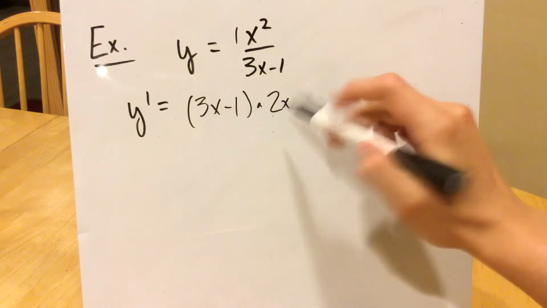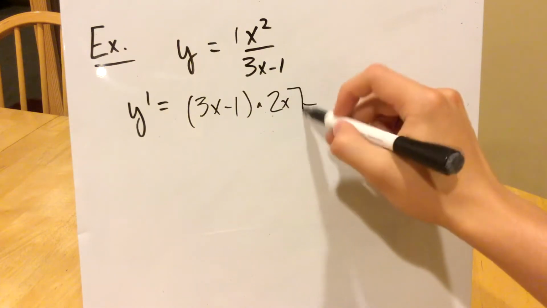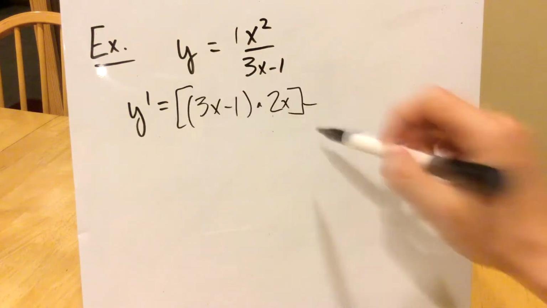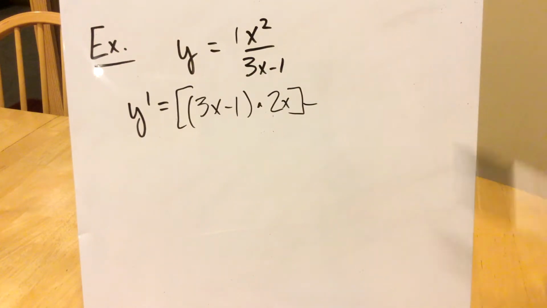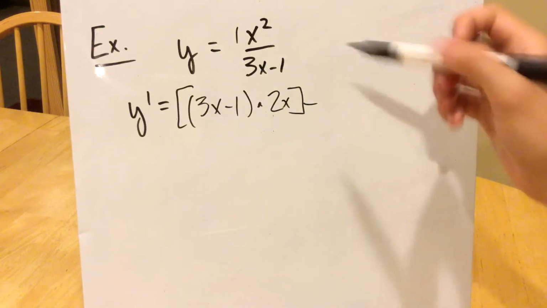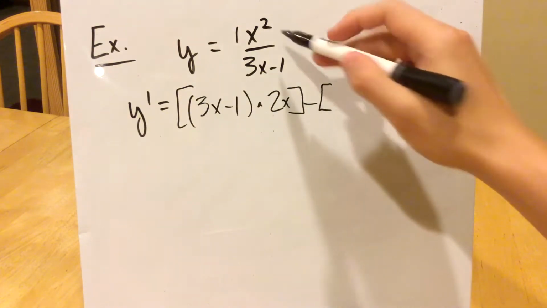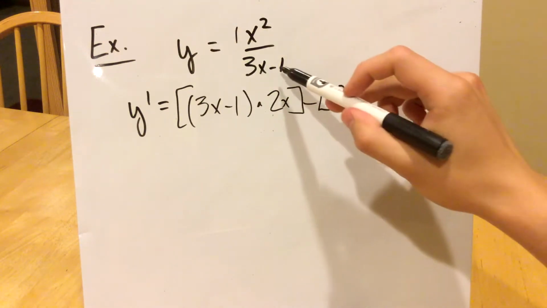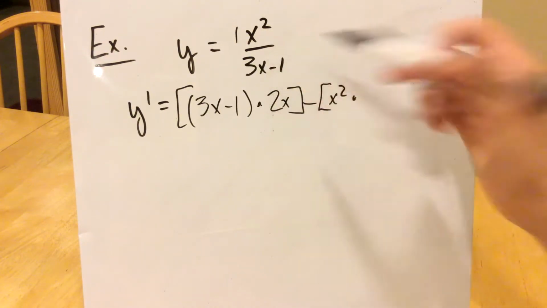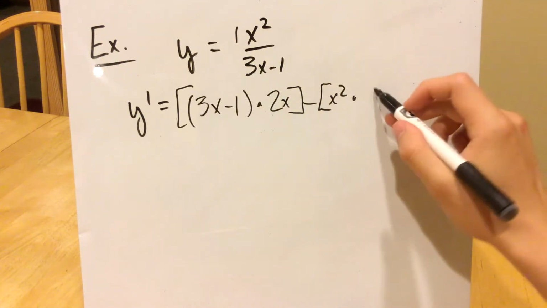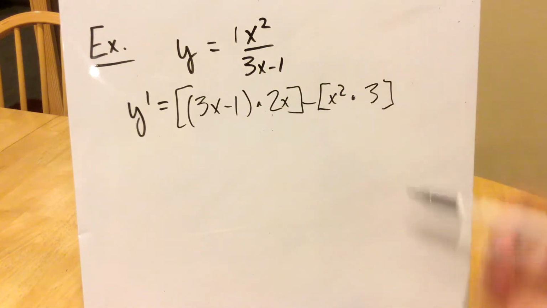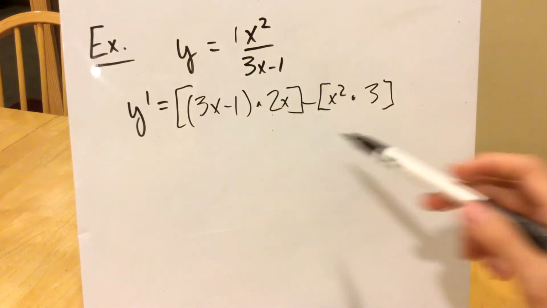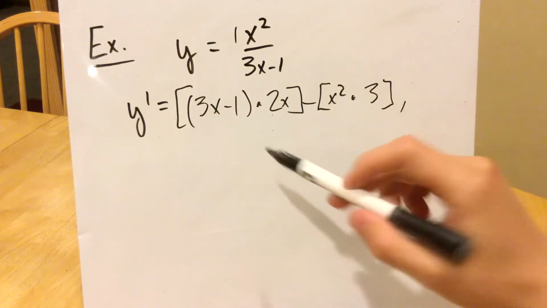Low d high minus, and I'll put this in brackets so we remember to subtract all of this, minus high d low. So minus the high, x squared, times the derivative of the low, which would be 3. So this is our function. Let's quickly simplify it.